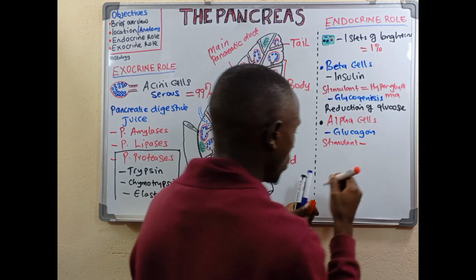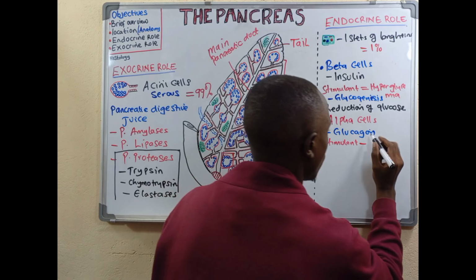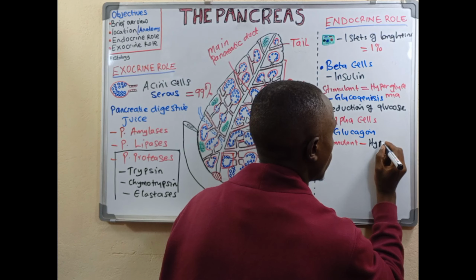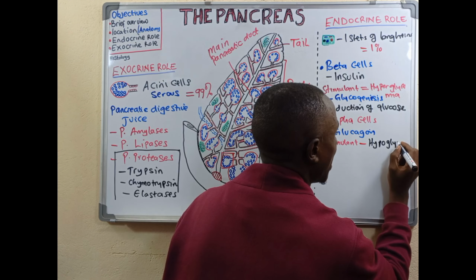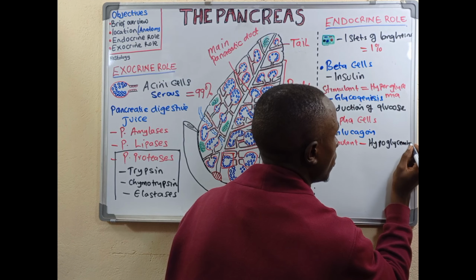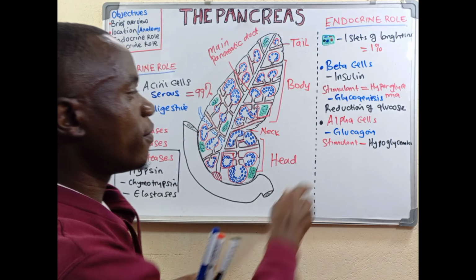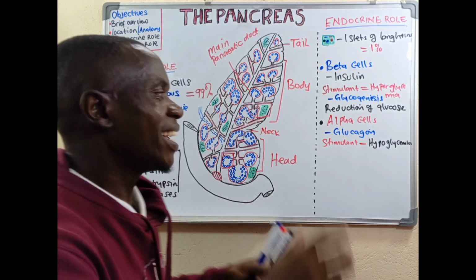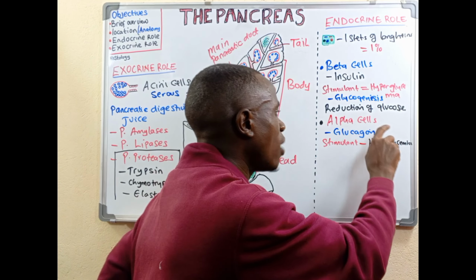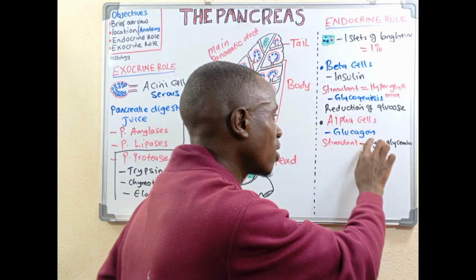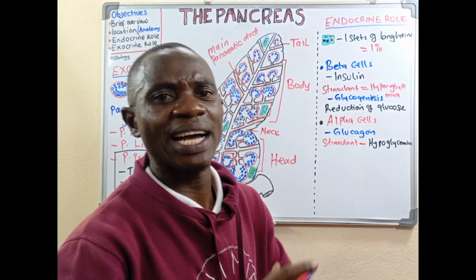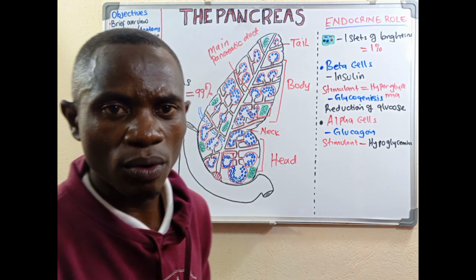This is the main stimulant. Whenever you have low levels of glucose, it's one of the main stimulants for the alpha cells to produce glucagon, which aims at increasing the glucose level.